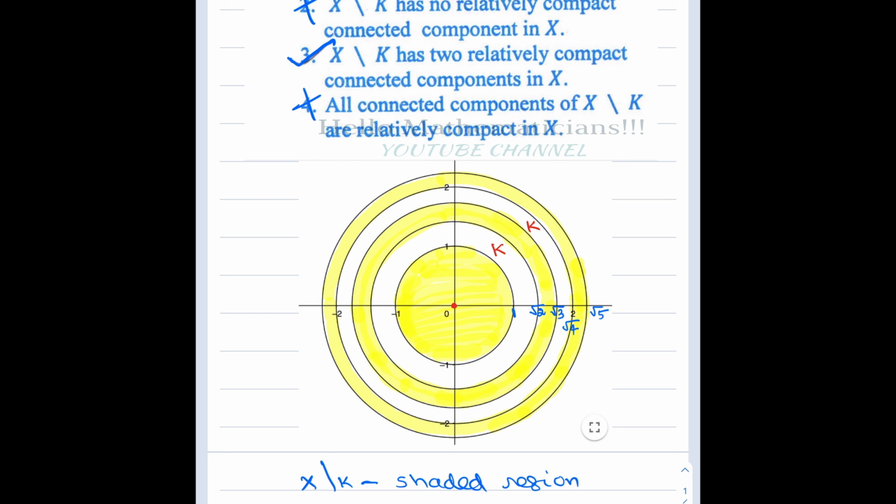When we come to this third yellow color shaded region, this connected component, when you take the closure in X, you will get only this interior line.